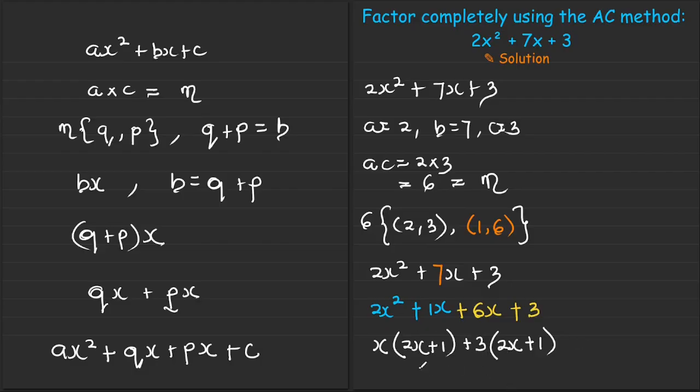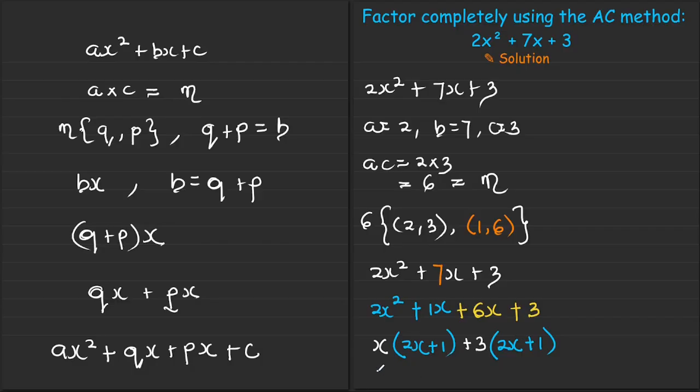We have this bracket and this bracket looking alike. So this bracket here looks the same as this bracket we have over here. So what we do is, what we have as the coefficient of the bracket will be written in one bracket.